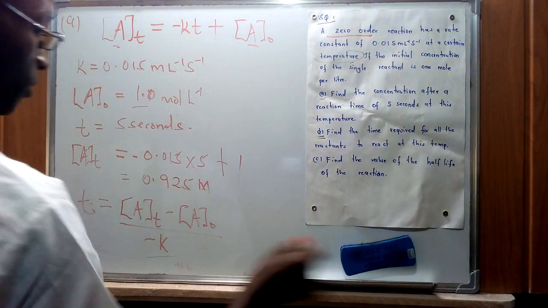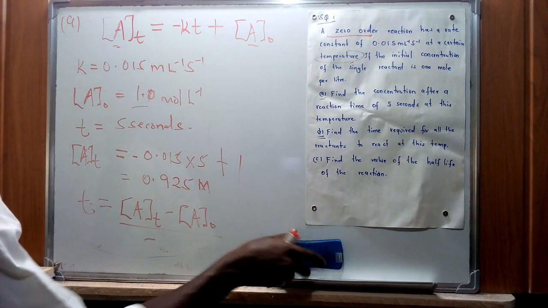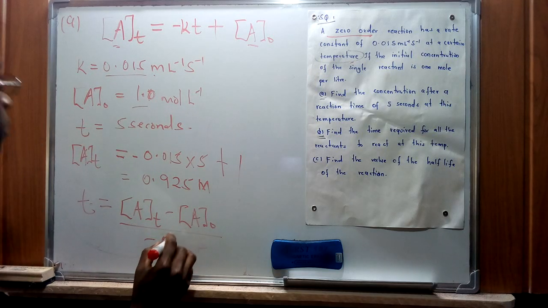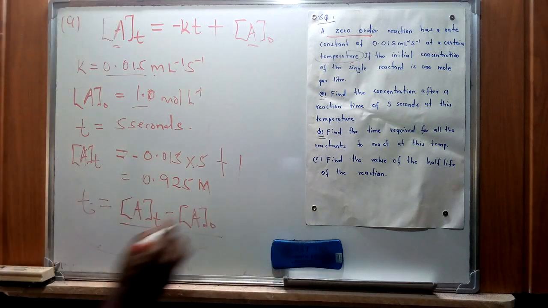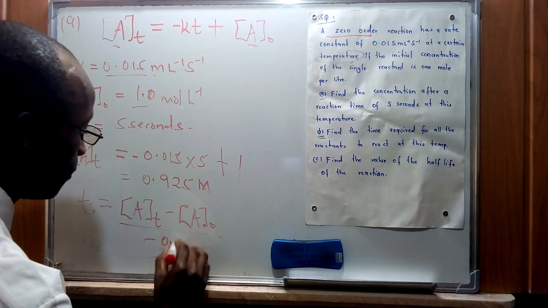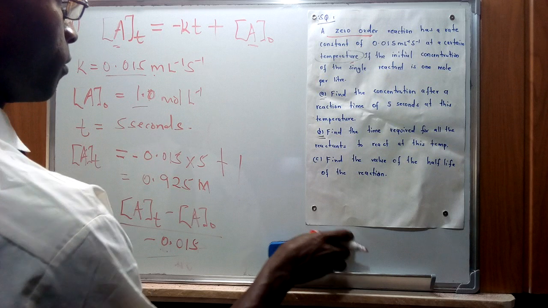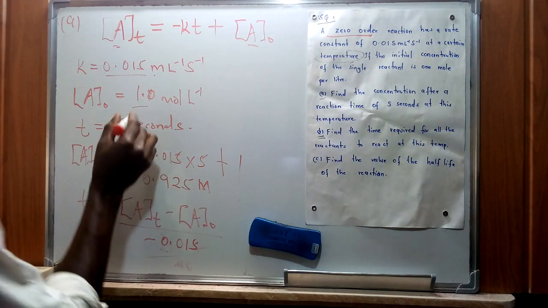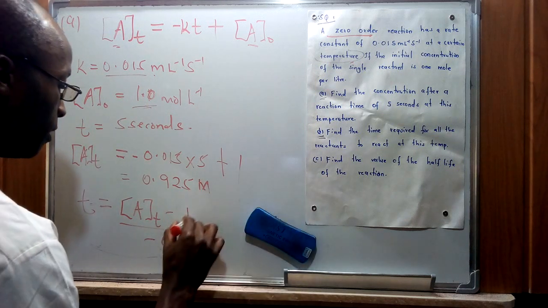So we just do a substitution whereby we have negative k. So k for us was 0.015. Okay, this is the concentration at this specific point. And then we have the initial concentration, of course, which has been given as 1 mole. So we do a substitution for that, 1.